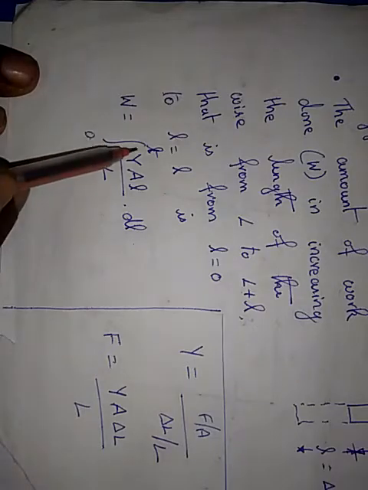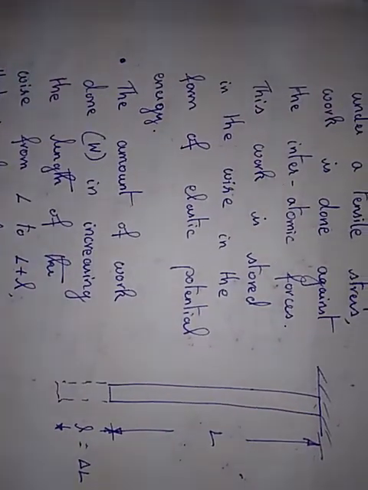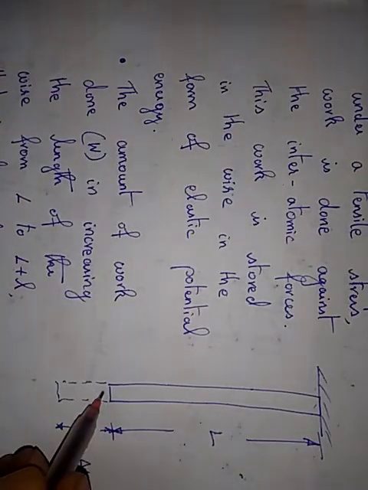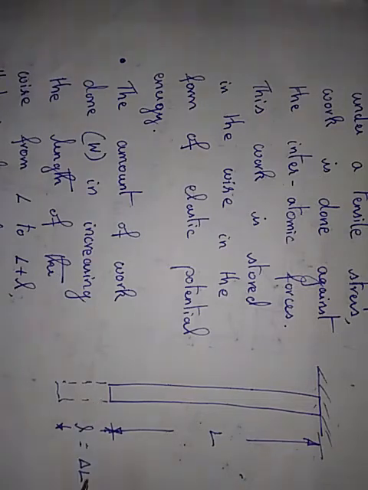So work done is, if you want work done, you have to integrate from 0 to l. If you see the picture clearly, this is the original length. On application of the load to this wire, there is a change in length, which is called as del L or small l.